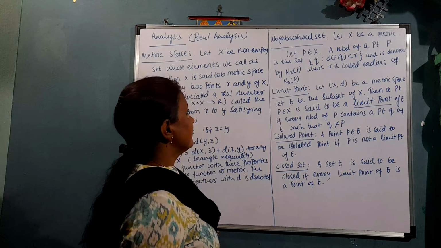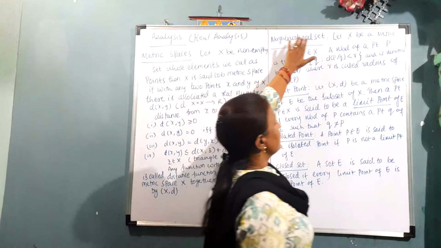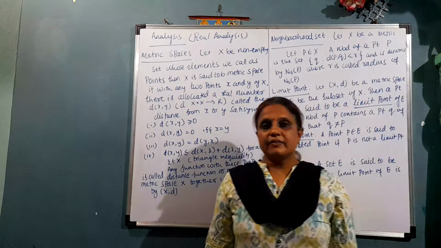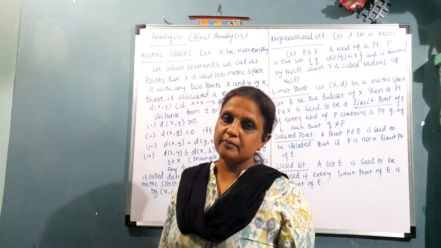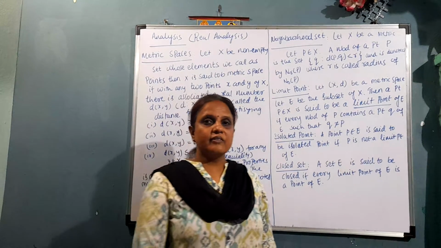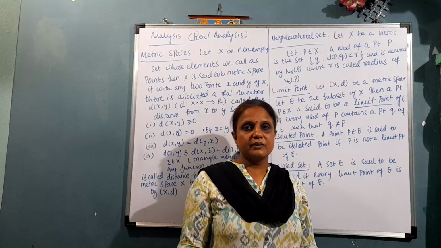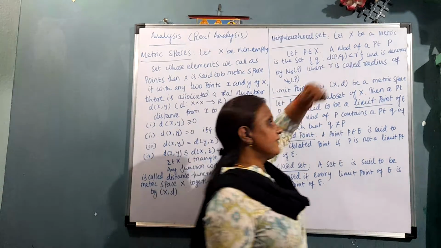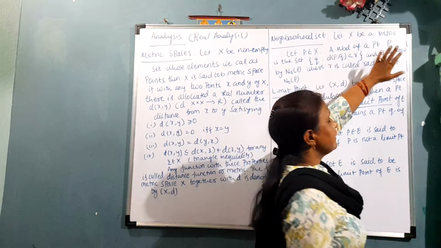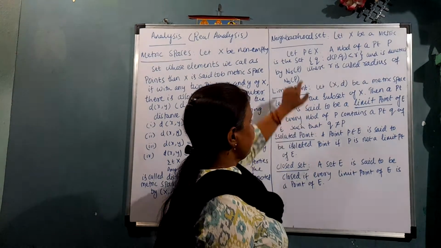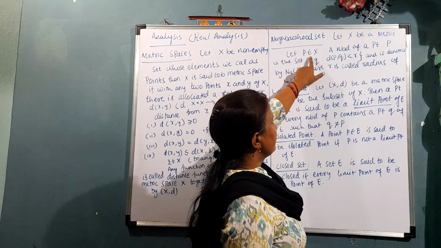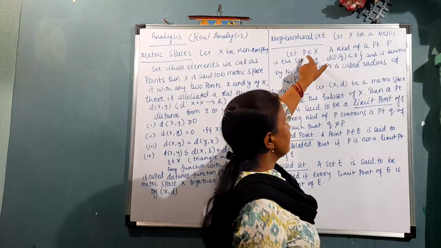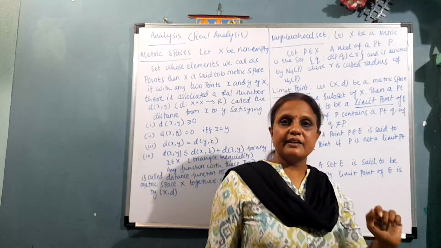Then we will go to now the next definition, neighborhood set. Here generally, whatever will be the definition or whatever will be the theorem, we use the words neighborhood point, neighborhood set more. So here neighborhood set meaning is, suppose we are having X as a metric space, and there is a point say P belongs to X, then that point is containing some other points nearer to it.